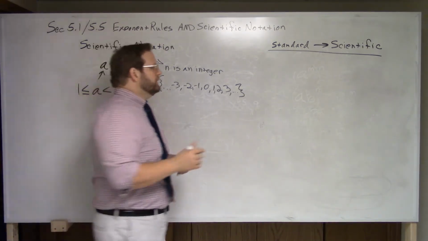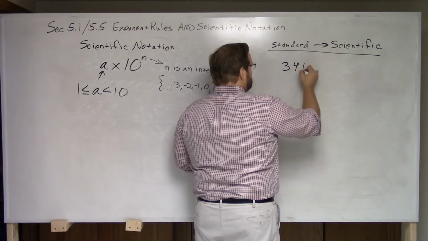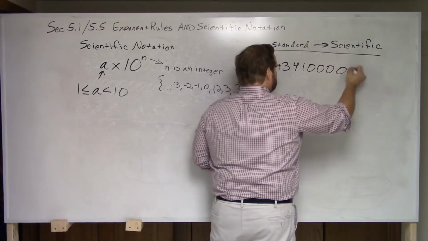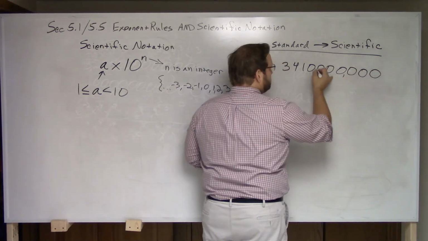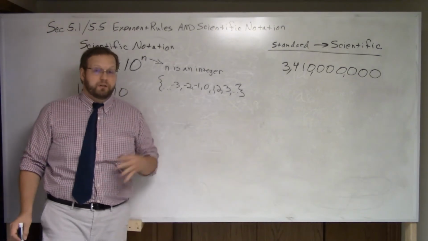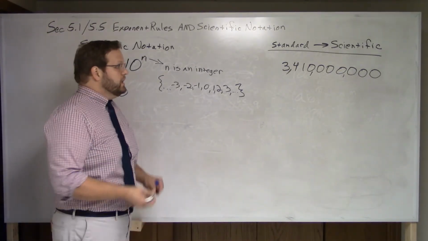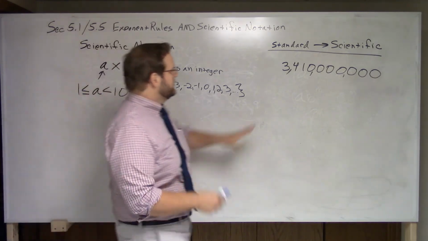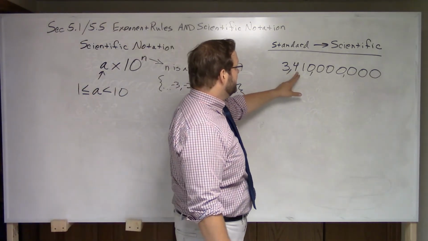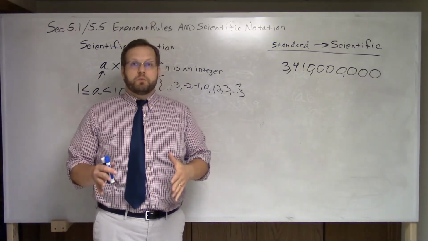Okay, so let's say I have something like this. You'll find those commas are very, very helpful. Every 3 digits, put that comma to help you keep track. Okay, so what we have is what? 3,410,000,000. Okay, if I don't want to write that again and again, this is what we do.